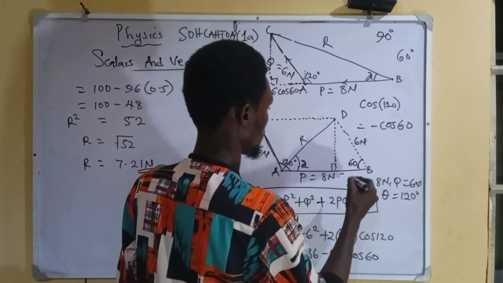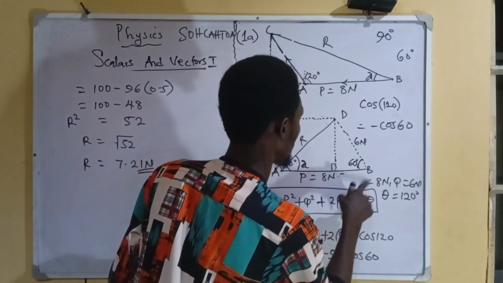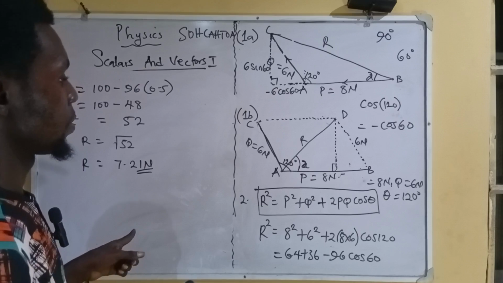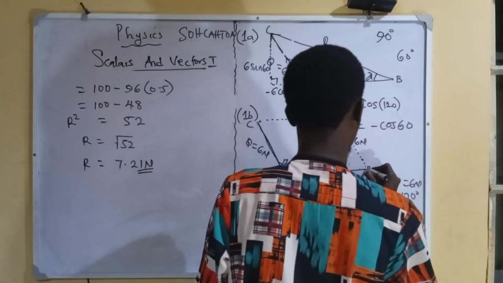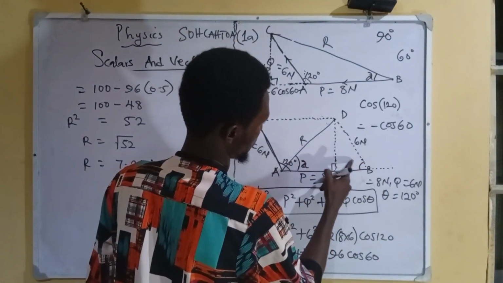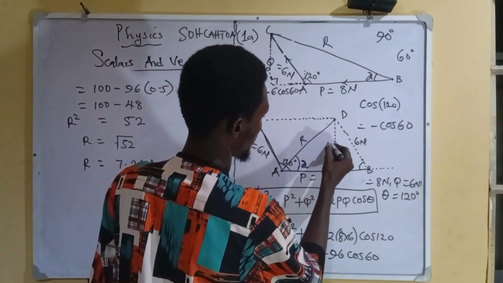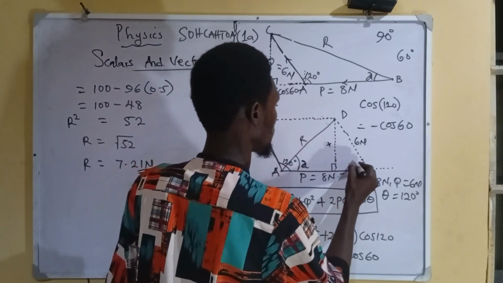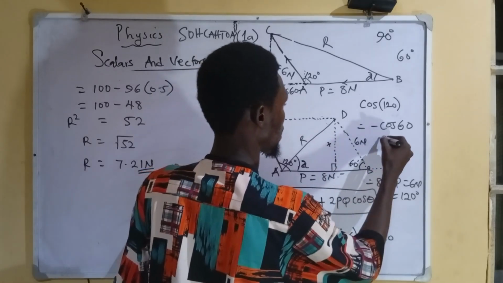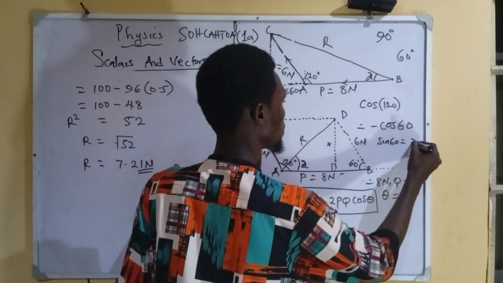So if this is our x, opposite, and this is 60, then sine 60 equals x over 6.